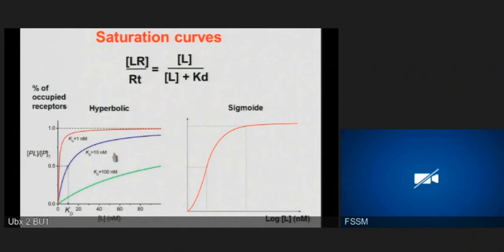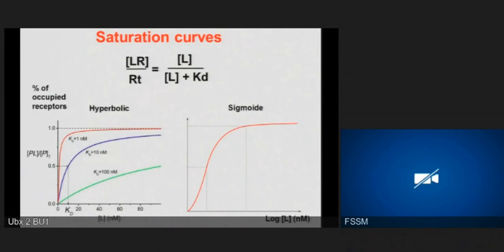So it means that you have to reach 10 nanomolar to obtain 50% occupancy of your receptor. So the KD is higher compared to the red curve. So this ligand has less affinity compared to the red ligand.